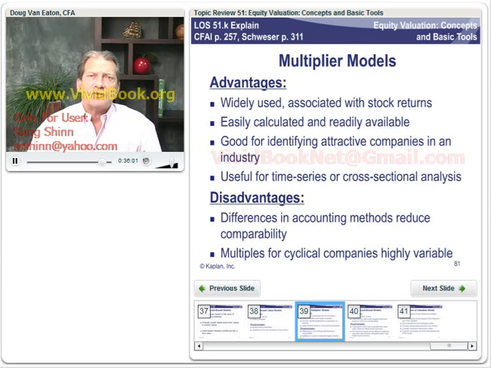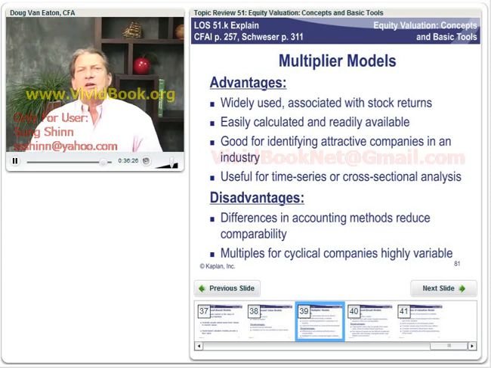These multipliers are easily calculated, and the data is readily available to calculate them. And they can be good for identifying attractive companies within an industry. Comparing the price to sales ratios for firms in an industry might lead us toward the one that is undervalued. And these are useful in time series or cross-sectional analysis.